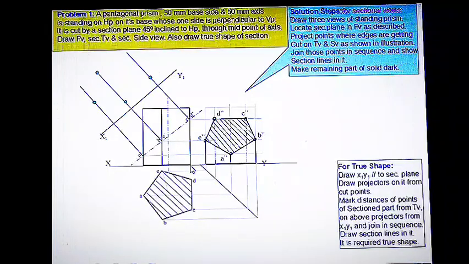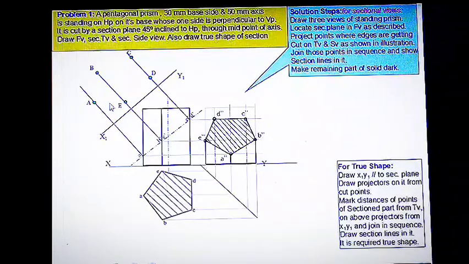You can copy this distance of D from x1, y1, and the distance of point C from the XY line is copied from x1, y1. Now we will get the points A, B, C, D and E like this.